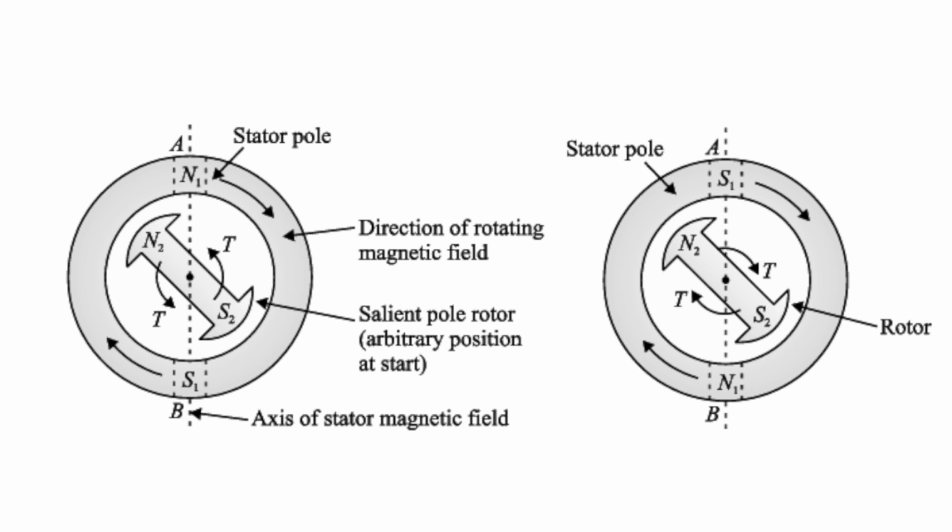If somehow the unlike poles N1 and S2 or S1 and N2 are brought near each other, magnetic locking may get established between the stator and the rotor poles. As the stator poles are rotating, due to magnetic locking, the rotor will also rotate in the same direction as that of the stator poles, that is, in the direction of the rotating magnetic field with the same speed, Ns.